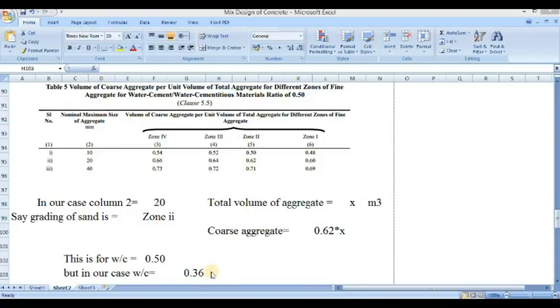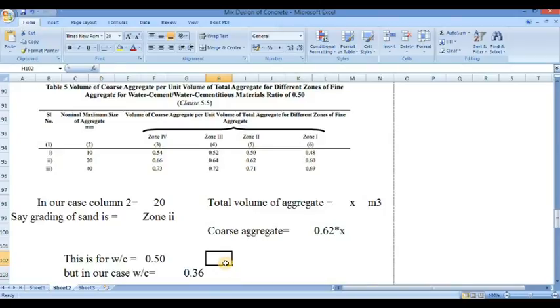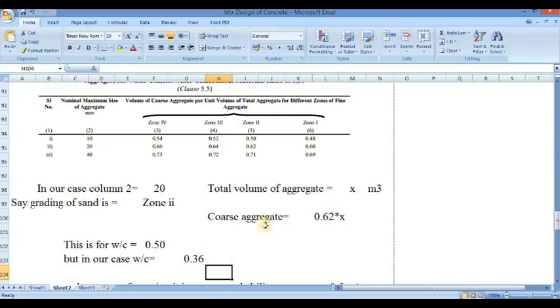Now there is a trick. This 0.62, or 62% coarse aggregate, corresponds to your 0.5 water cement ratio. What does it mean? For a 0.5 water cement ratio, or the particular amount of water required for a particular workability, you need 62% coarse aggregate.